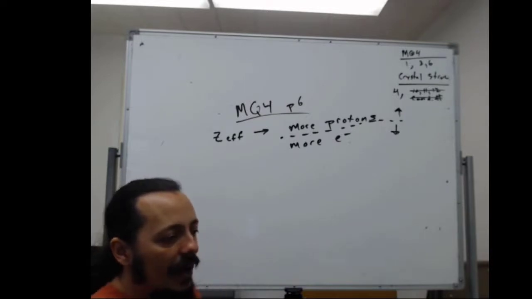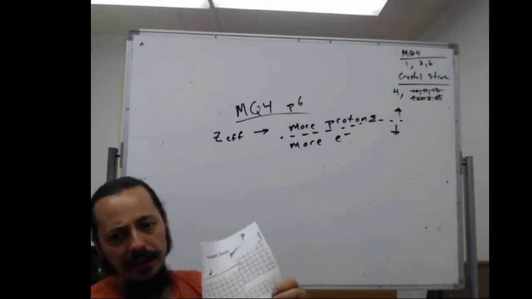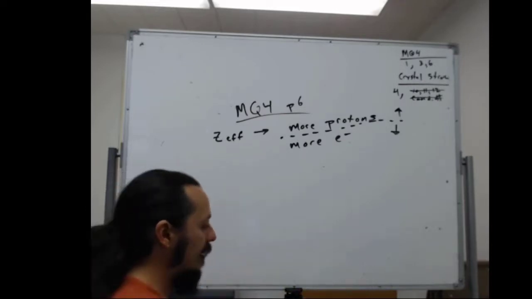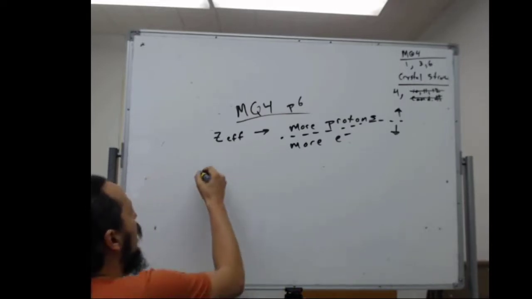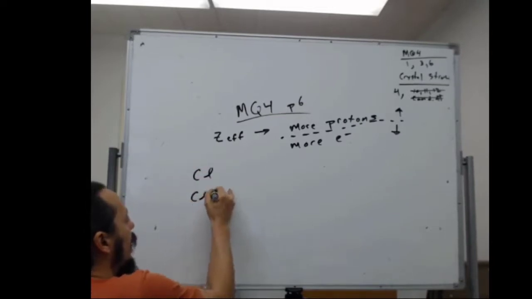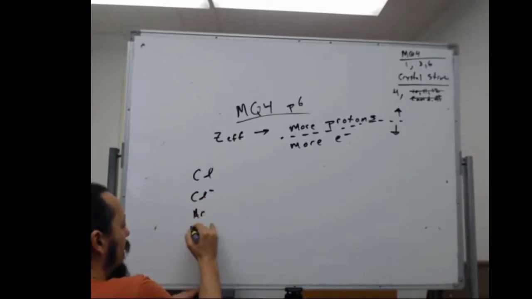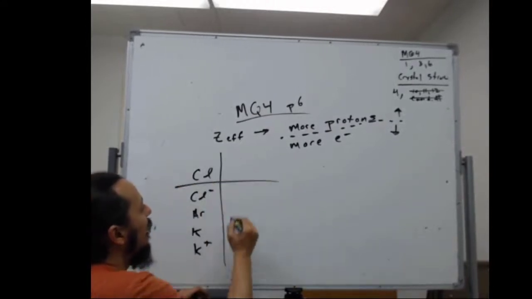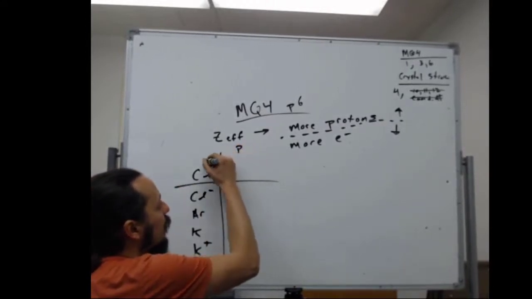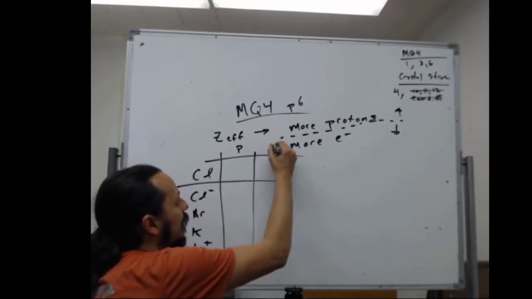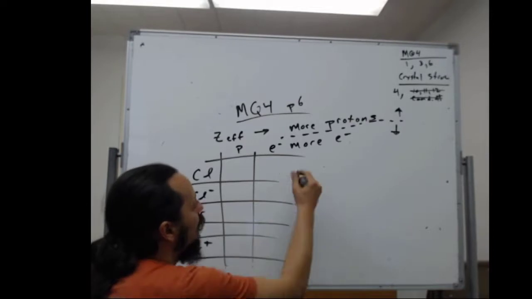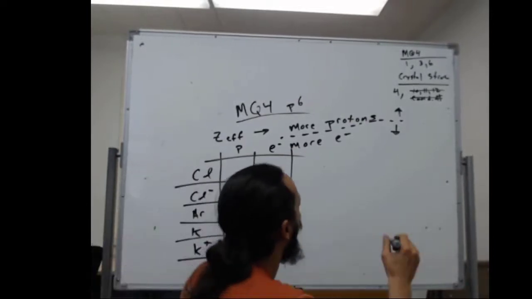So let's go ahead. Again, I'm going to grab my periodic table and look at chlorine, chlorine minus, argon, potassium, potassium plus. What I want to look at in each of these is the number of protons, the number of electrons, and then there's actually another thing we should also consider for Z effective.